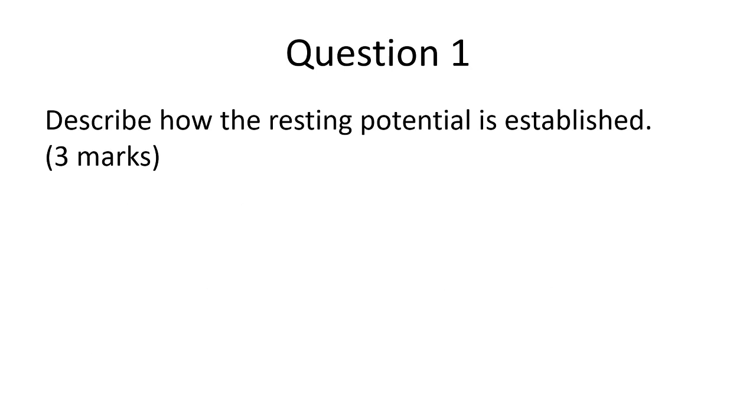So looking at question 1, it asked us to describe how the resting potential is established. So in an exam when we're asked to describe, we are simply going through the steps of what occurs. So things that you should have mentioned in your answer are the sodium-potassium pump.